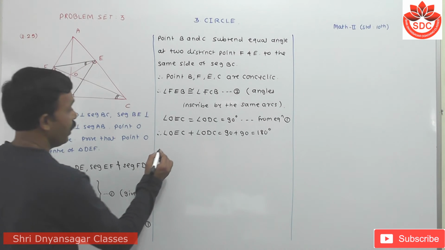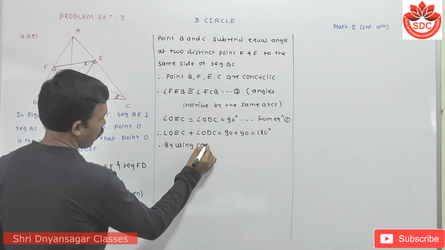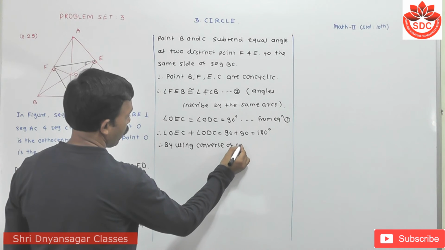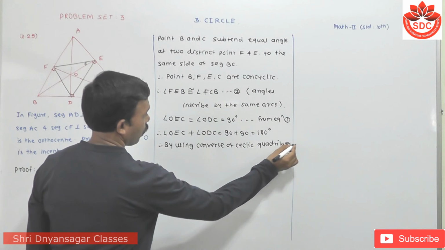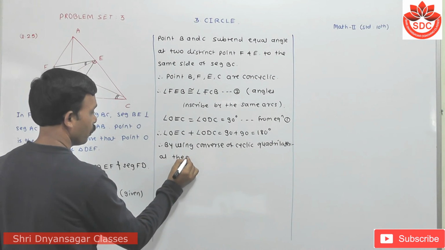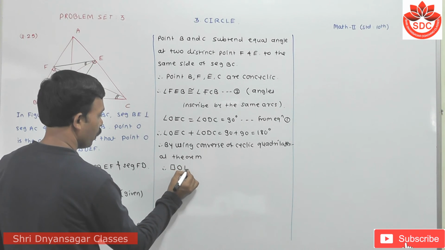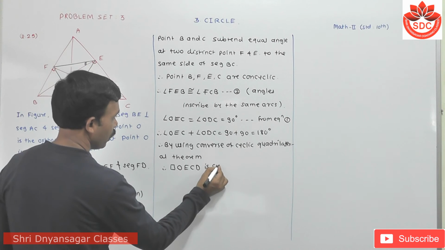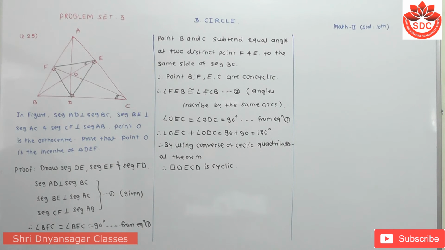So I have to write here, therefore, by using the converse of cyclic quadrilateral theorem, this quadrilateral OECD is cyclic. If this is a cyclic quadrilateral, then all these points lie on the circle, so this angle OED, look at here again.